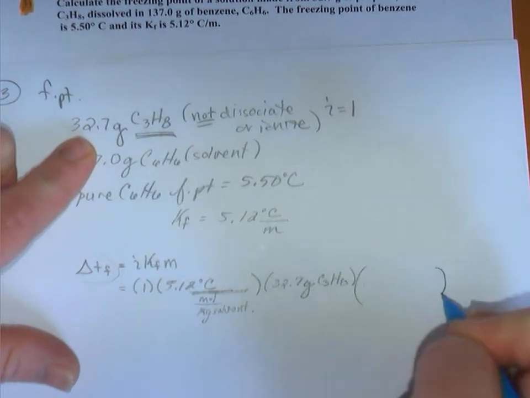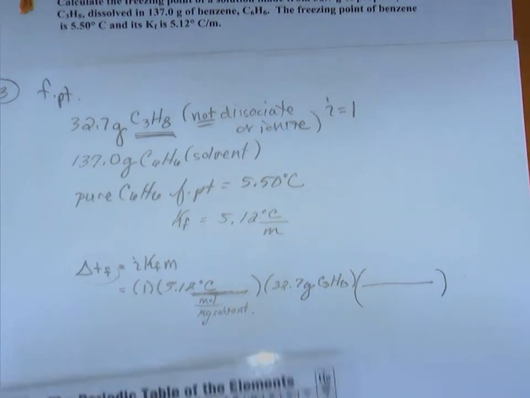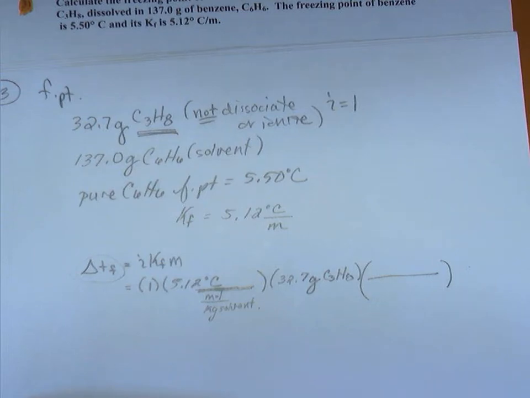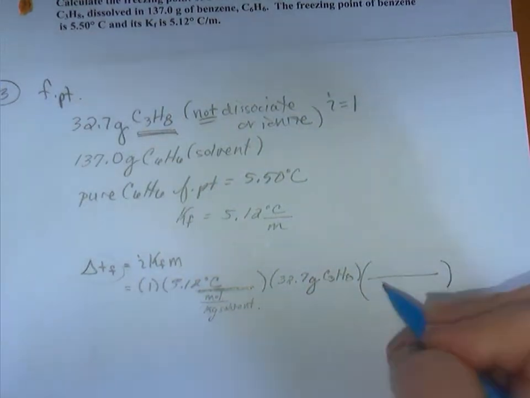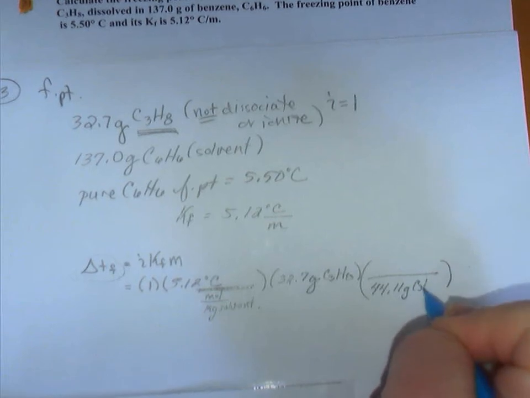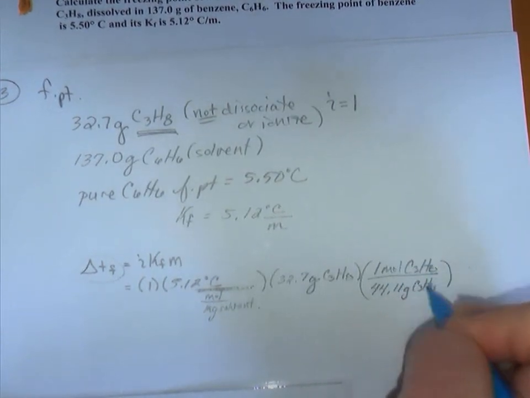So I would add up 3 carbons. Here's where the aid of a periodic table, of course, is needed. So my formula mass is 44.11 in every 1 mole. And that will get me to moles of solute.